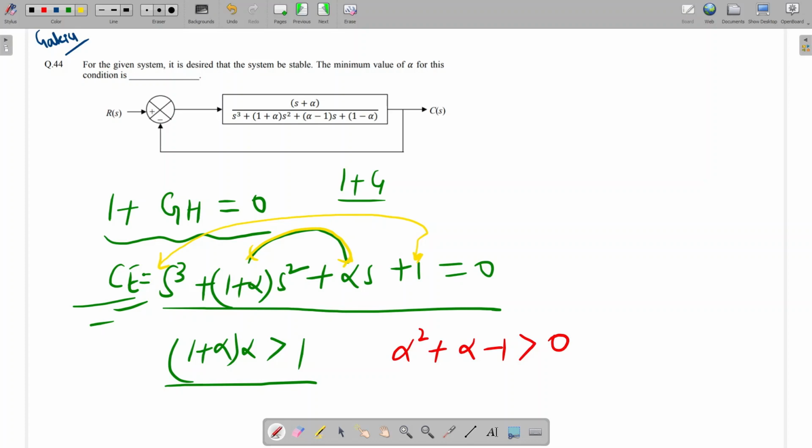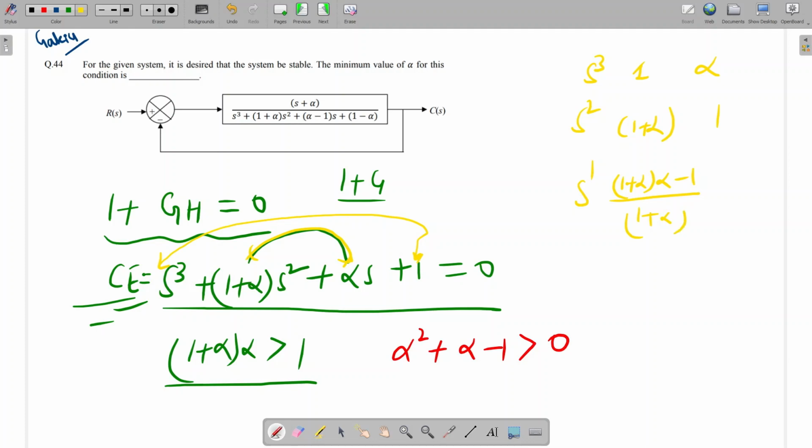Already I told you, for s to the power 3 the coefficients will be 1 and alpha. For s square, what will be the coefficient? 1 plus alpha and 1. What will be the coefficient for s to the power 1? That will be (1 plus alpha) into (alpha minus 1) divided by (1 plus alpha). Is it correct?